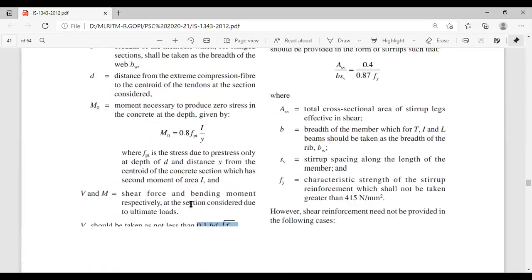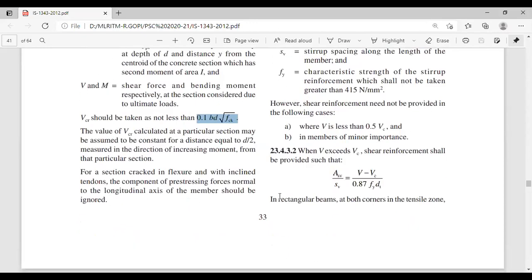Okay, so next, how to design the reinforcement. For the design of reinforcement, we need this condition. When V exceeds Vc, that means the actual shear force is exceeding the shear carried by the concrete.